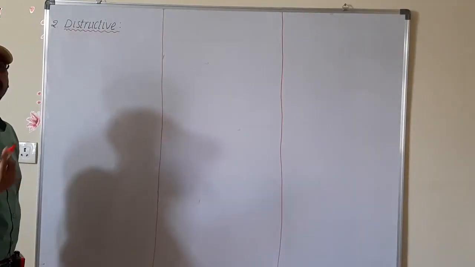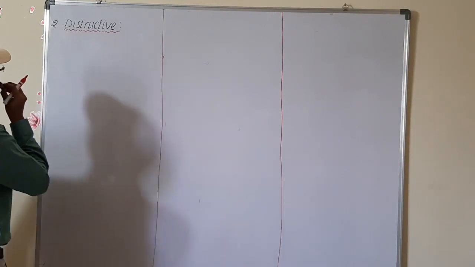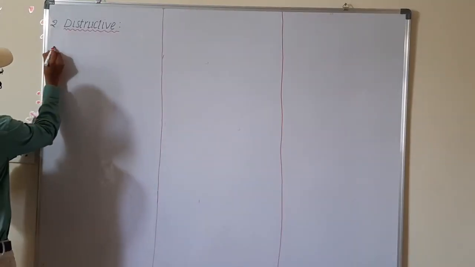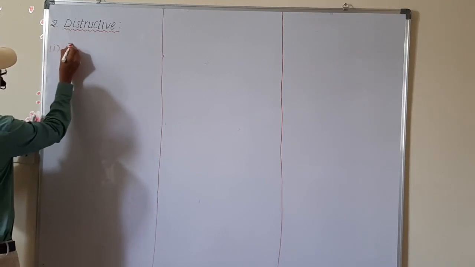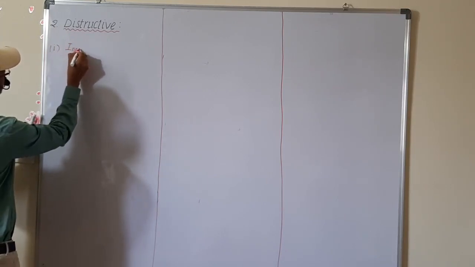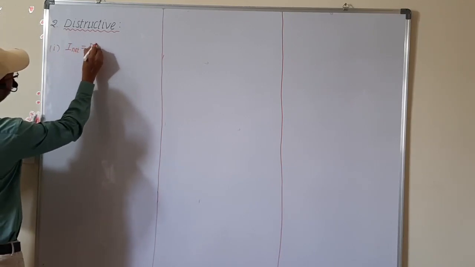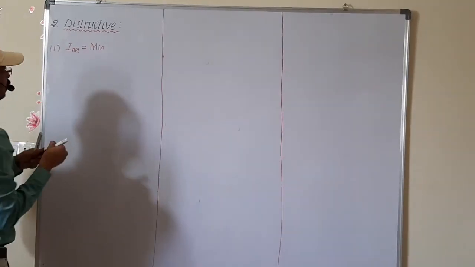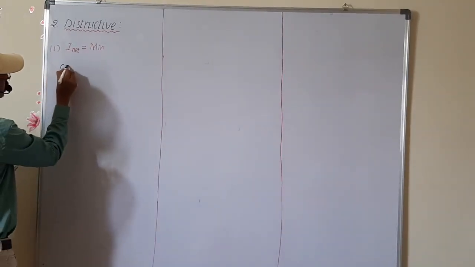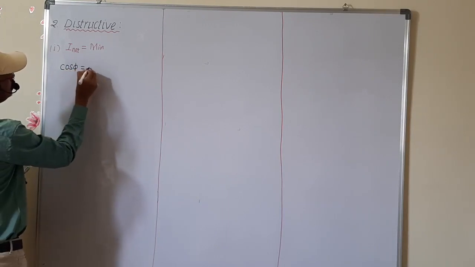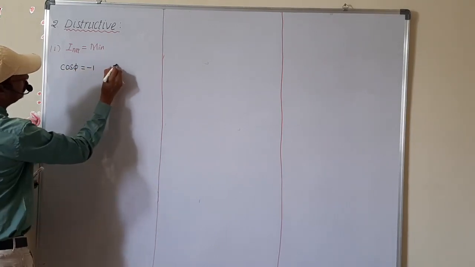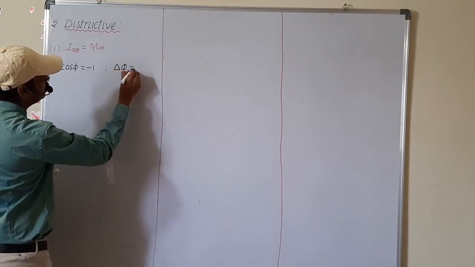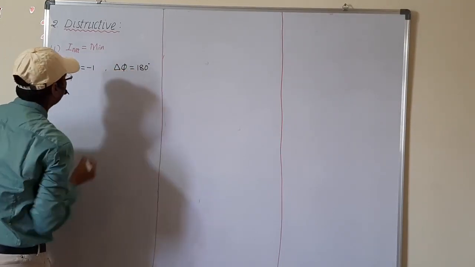Now we are going to discuss the destructive interference. This destructive interference we can also discuss in 5 ways. The first point: I net is minimum. If you want I net to be minimum, what do we have to take? Here cos phi is equal to -1, or the phase difference is equal to 180 degrees.